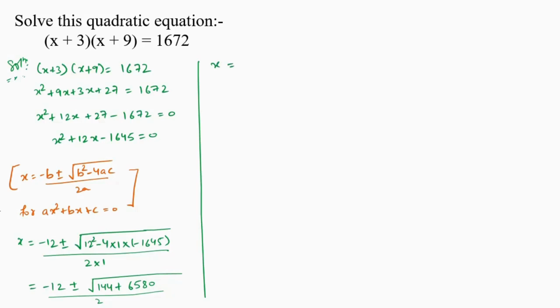So x equals minus 12 plus minus under root, when we add 144 plus 6580 we get 6724, divided by 2. And on further solving this we get x equals minus 12 plus minus under root of 6724 is 82, divided by 2.